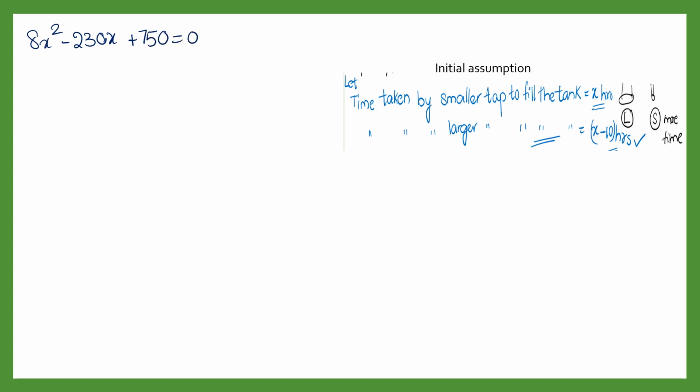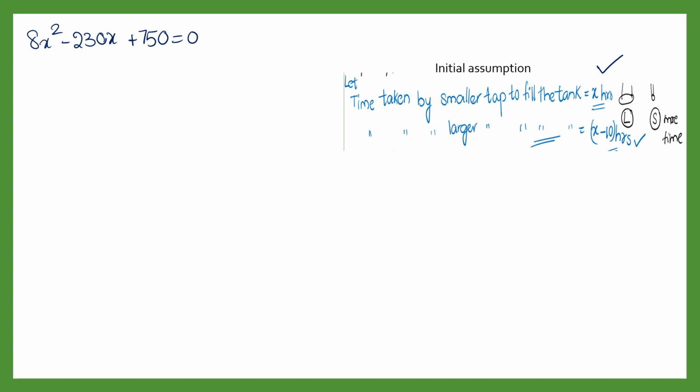The question asks for the time taken by the smaller tap and larger tap separately to fill the tank completely. Initially we assumed the time taken by the smaller tap is x hours, and for the larger tap it is x minus 10. So if we find the value of x, we can find how much time the smaller tap and larger tap individually take to fill the tank.